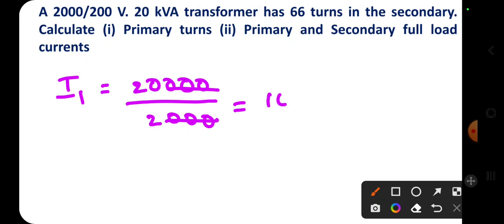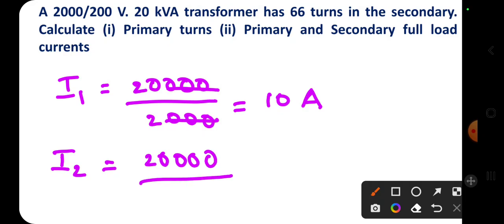This will be 10 amperes. And similarly I2 is equal to the kVA, 20,000 divided by 200. Then this will be 100 amperes. Yes, this is how you can solve this problem.